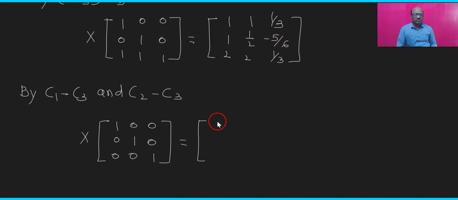That is 1 minus 1 upon 3, which is 2 upon 3. Then 1 minus minus becomes plus, 1 plus 5 by 6, that is 11 by 6. And last is 2 minus 1 upon 3, that is 5 by 3.